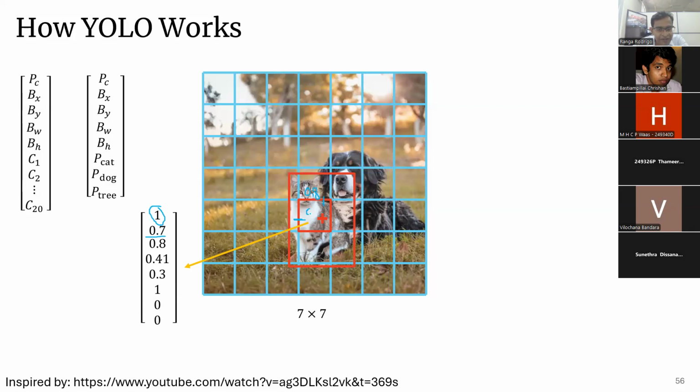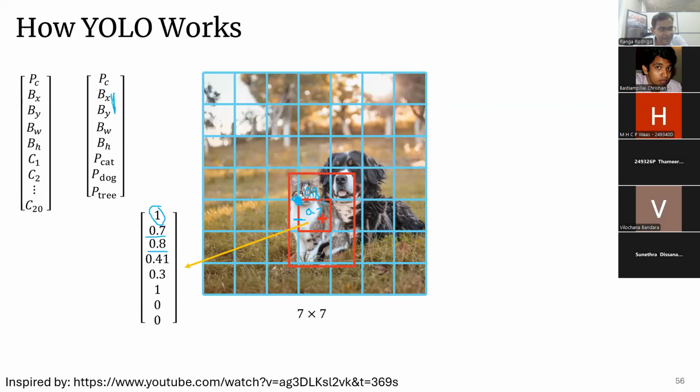With respect to this corner of the cell, 0.7 and 0.8 are the X and Y coordinates. These two numbers are the X and Y coordinates.